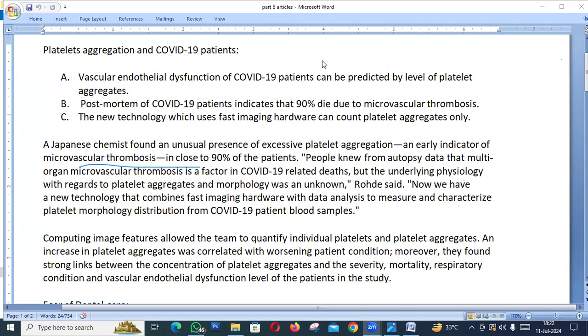But this does not mean that all of them, 90%, have died. Here in the question, I am saying post-mortem of COVID-19 patients indicates that 90% died due to microvascular thrombosis.